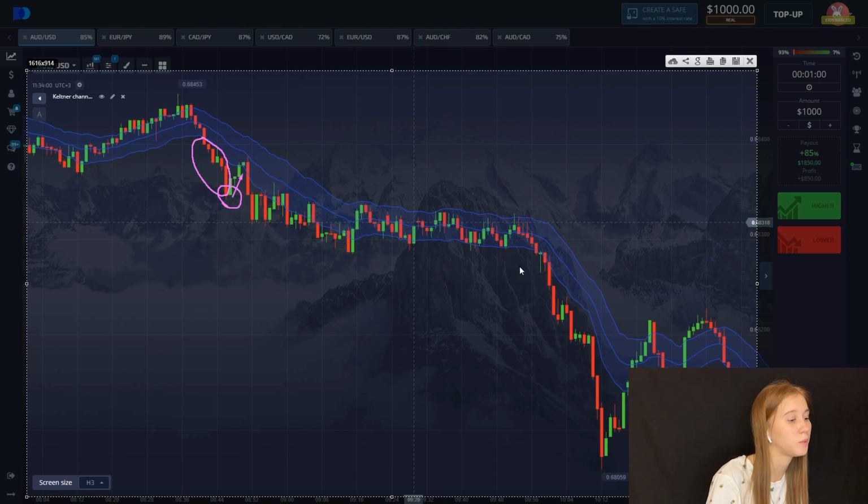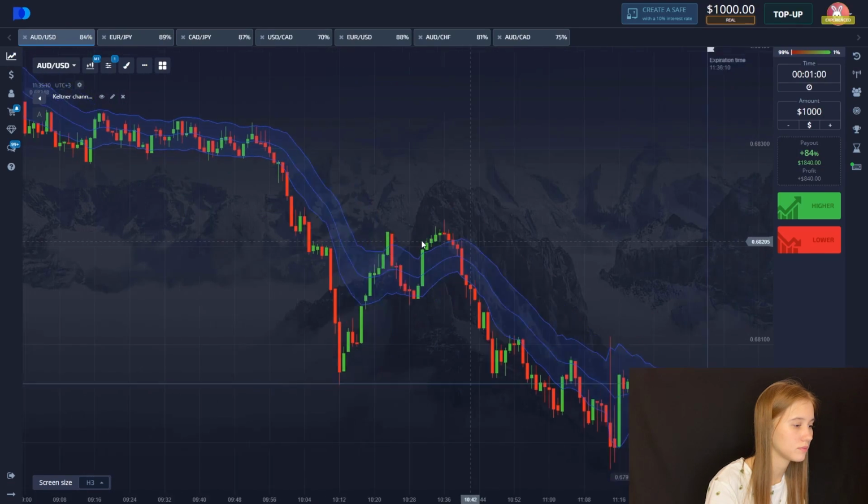Because when the movement goes to the outer part, it stops moving, and that is our first signal. So we have an exit, we see it, then this is the first signal that the movement will go up.